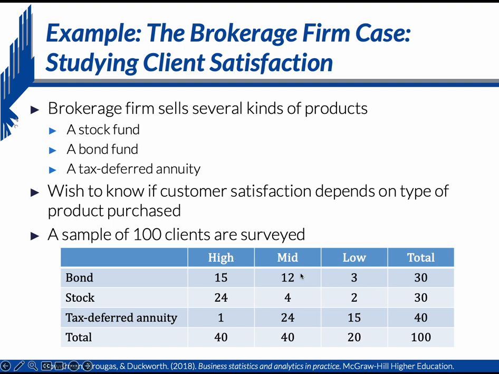So we have here the intersections of the two factors. 15 here means that out of the 100 participants, 15 purchased a bond fund and had a high satisfaction rating. Whereas the 2 here means that out of the 100 participants, 2 purchased a stock fund and had a low satisfaction rating.